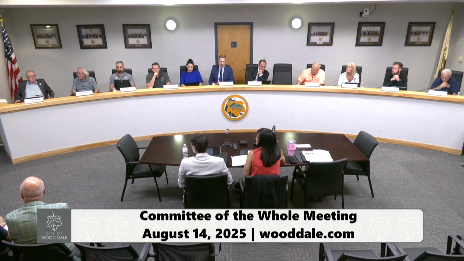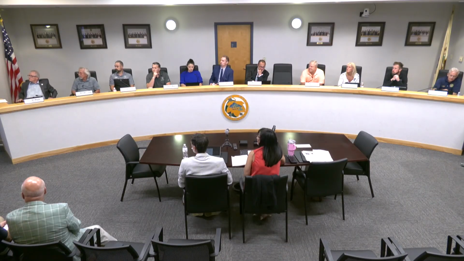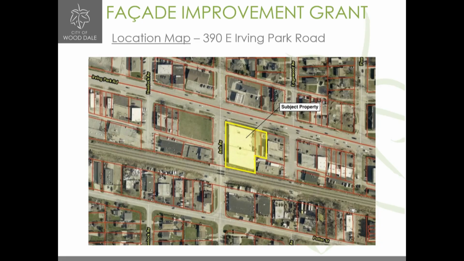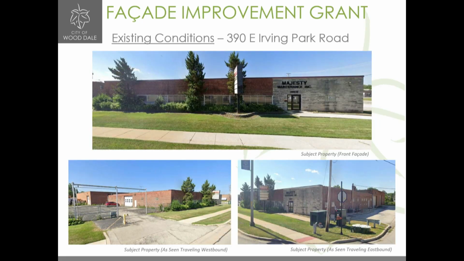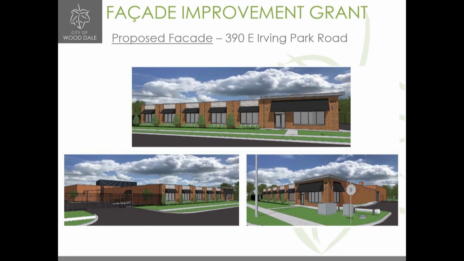So the subject property is located on the south side of Irving Park, east side of town, at the corner with Ash Avenue. The property is zoned C2A, which is a commercial district. This is what the building looks like right now, and this is what the applicant is proposing to do.